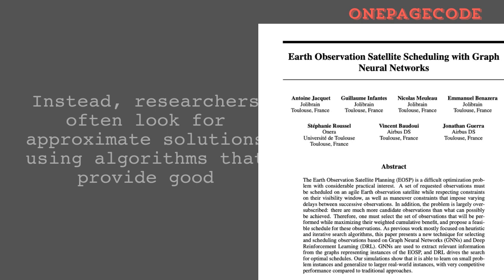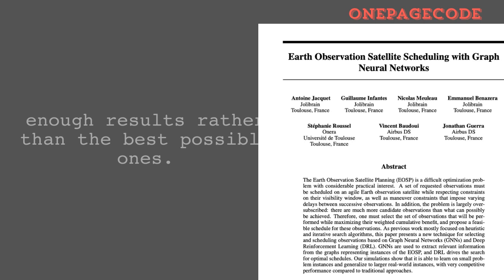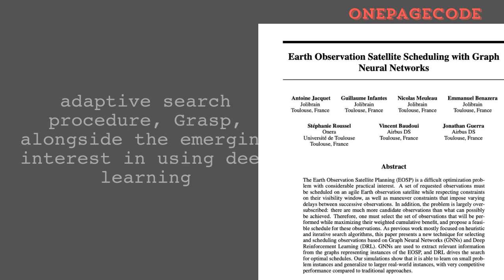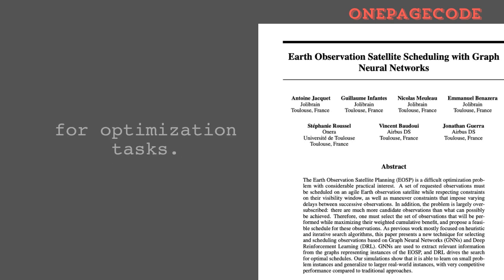Instead, researchers often look for approximate solutions using algorithms that provide good enough results rather than the best possible ones. A popular method for creating these solutions comes from a technique known as Greedy Randomized Adaptive Search Procedure, GRASP, alongside the emerging interest in using deep learning for optimization tasks.